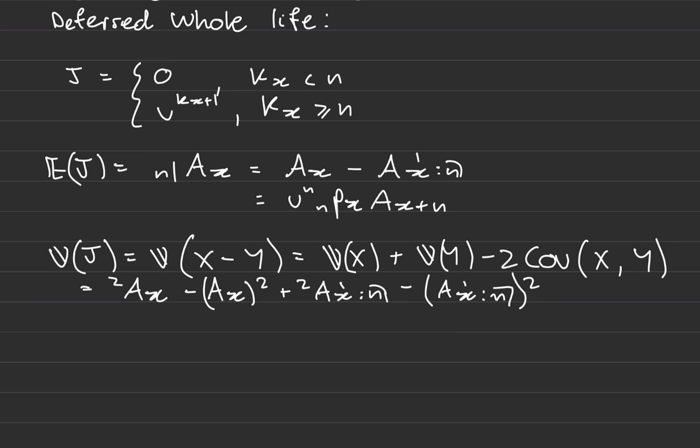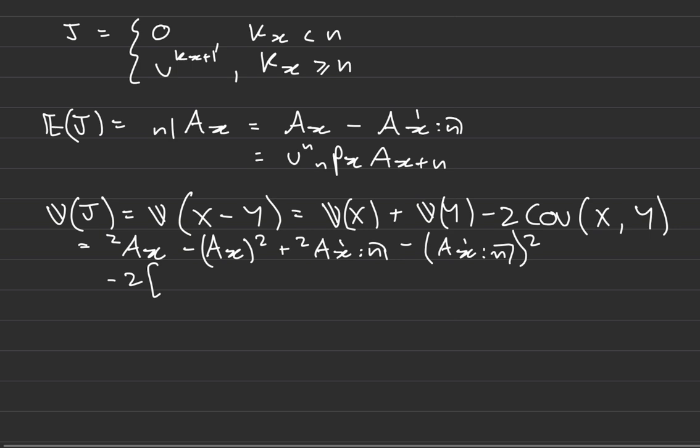And now I need to take into account this covariance. So from here I'm subtracting 2 times the covariance of X and Y. It's a formula that you're going to need to know now.